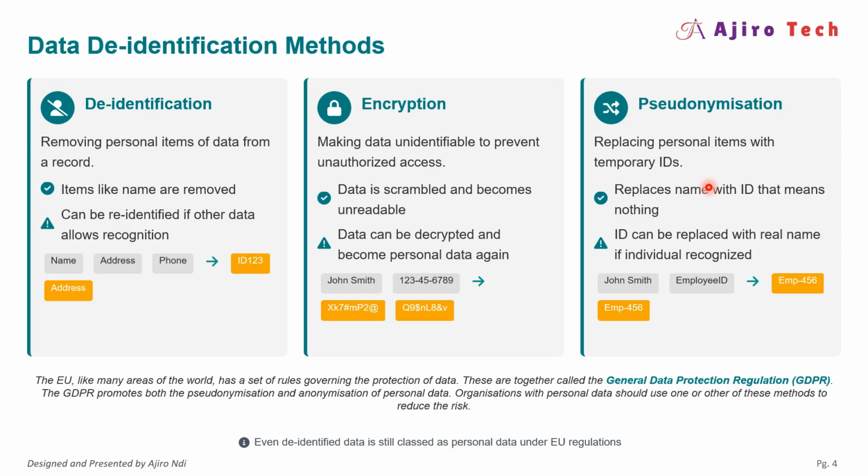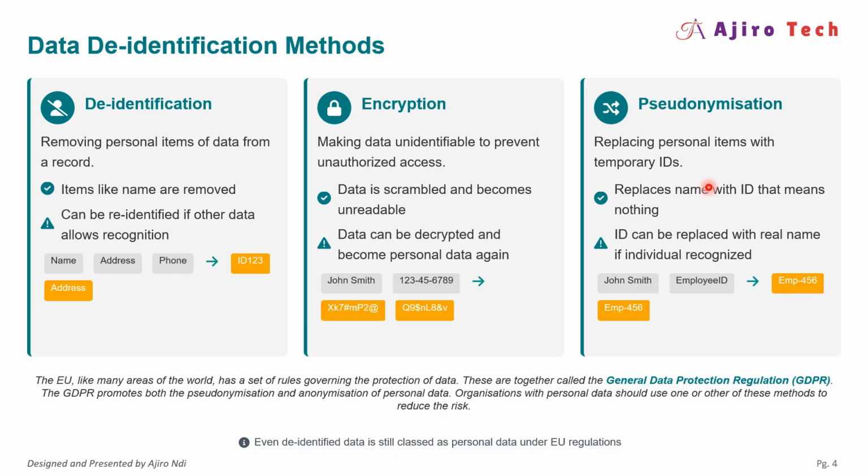Now, what is it all about? Right here on your screen, they promote both pseudonymization and anonymization of personal data to ensure that this data is either redacted or anonymous.